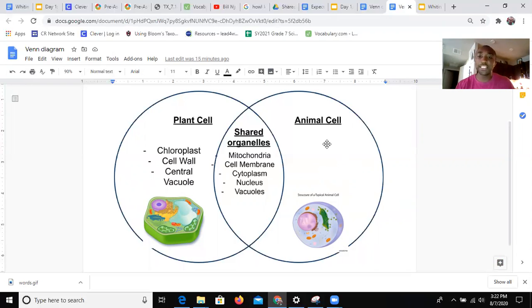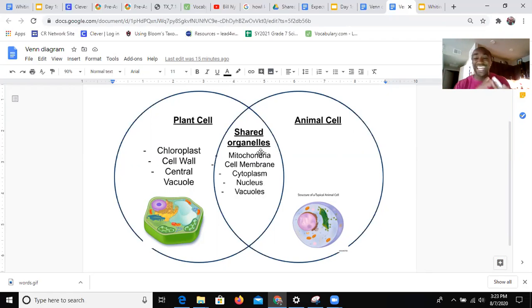Versus an animal cell, at least for this class, we're not going to go over any extra organelles that they have. They do have a few extra ones, just to be mindful of that later on. For shared organelles: mitochondria, cell membrane, cytoplasm, nucleus, vacuoles. Those are all organelles we're going to go over in detail, and those are all the ones that they share.